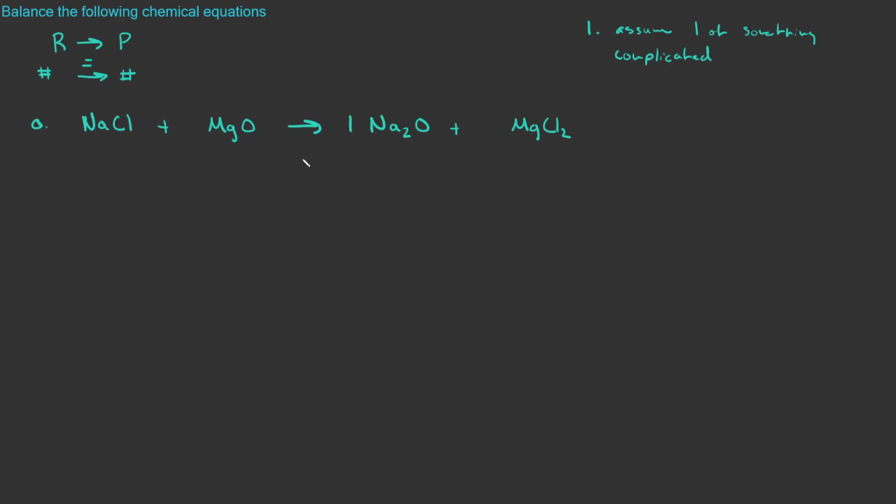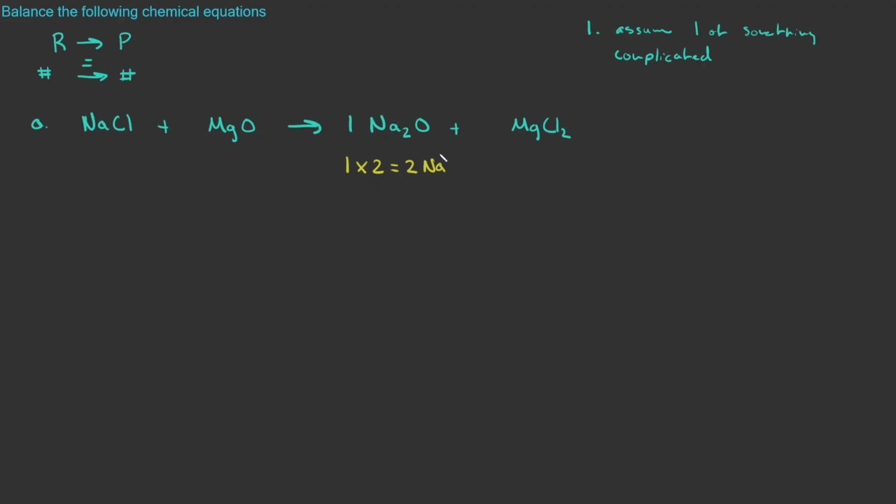Let's count how many Nas we have on the right side of this chemical equation based off of one of these. And so what I do is multiply what we call the coefficient, or the number in front, by its subscript, or the number down below. And so in this case, it's 1 times 2. That is equal to 2. And so on this side, we have 2 Nas.